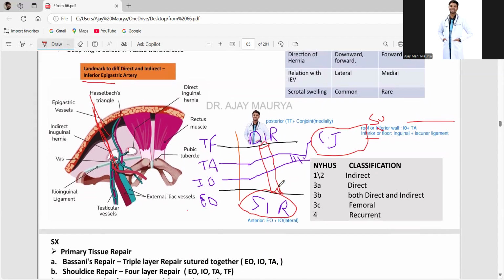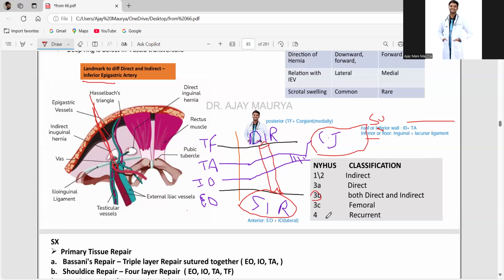So guys, come to the Nyhus classification, the European classification. Sometimes they will just tell you about the hernia as 3B. 3B means both direct and indirect.